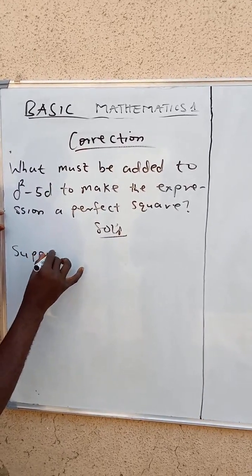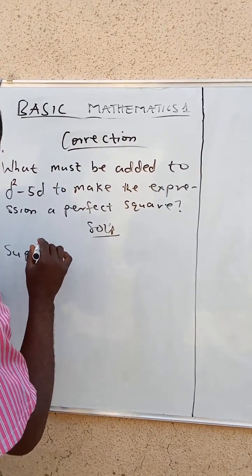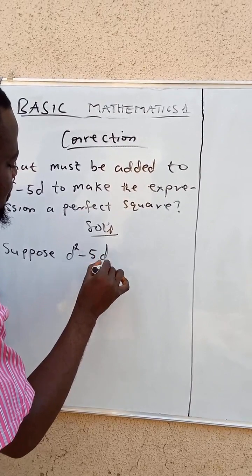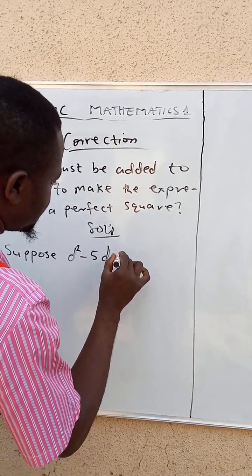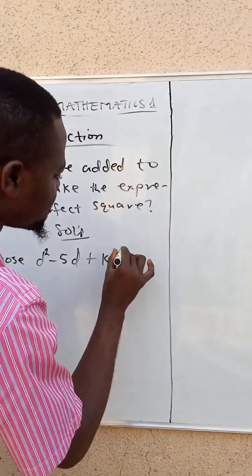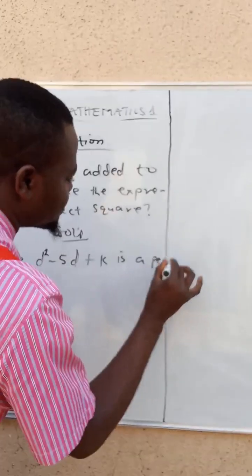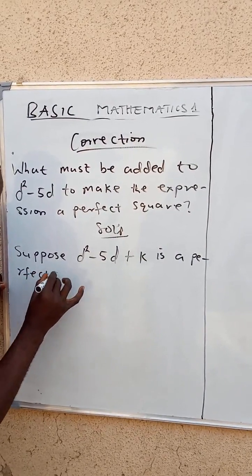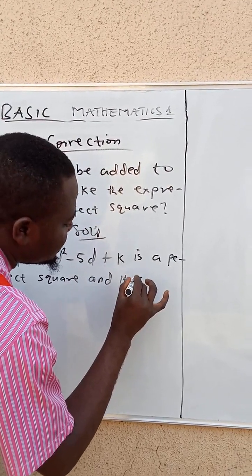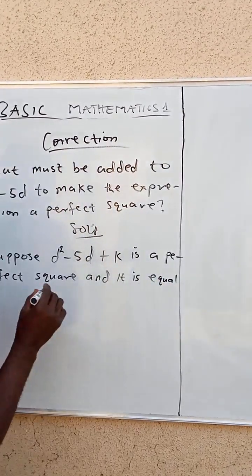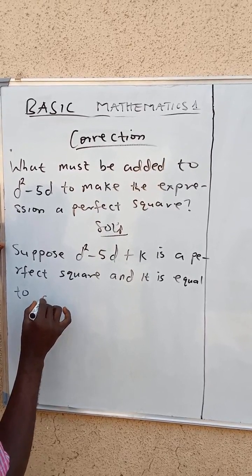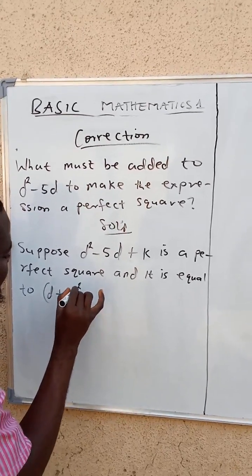Suppose d squared minus 5d plus k is a perfect square, and it is equal to d plus a all squared.